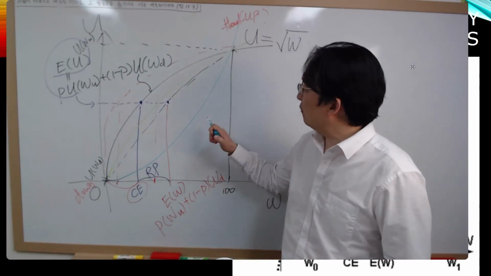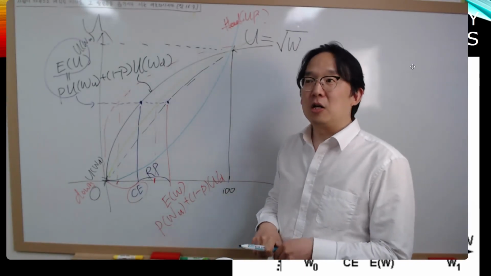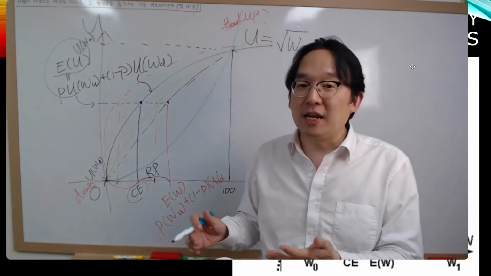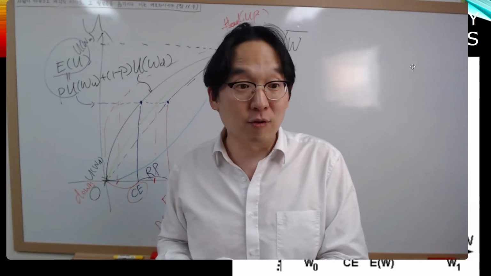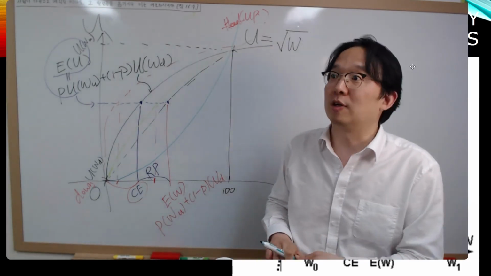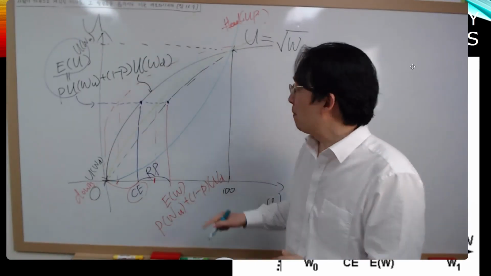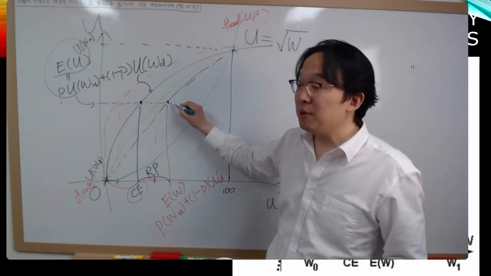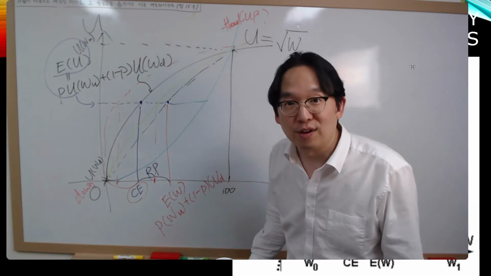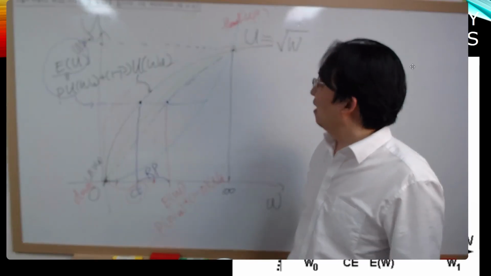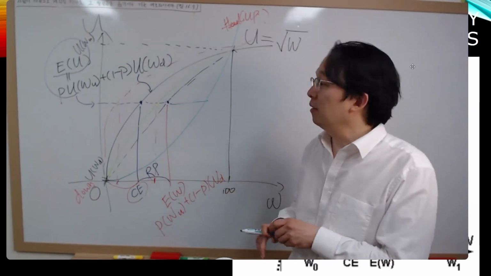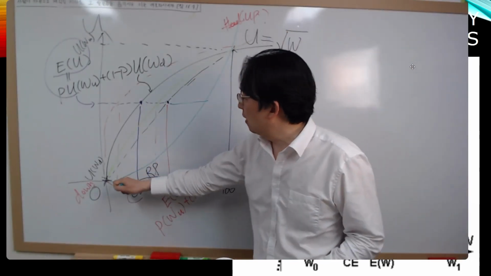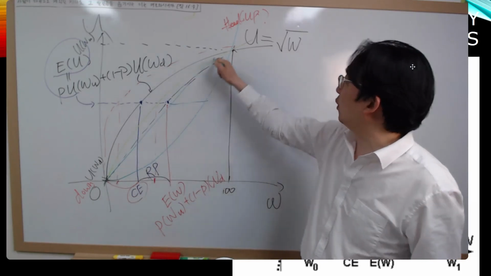And these kinds of guys love to take more risk. If he has the chance of getting into a gambling place, he will do whatever. That's a risk seeker, risk lover, right? Their risk premium is negative. And then there are some people who are risk neutral. Risk neutral is like this straight line over here.